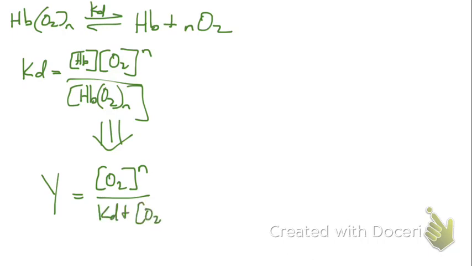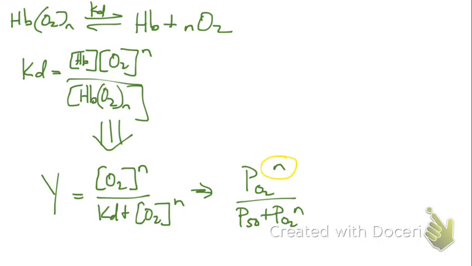I would love to work them out with you, and then we can maybe get a better understanding. Again, we change the concentration of oxygen to here. This is P50, so it's very similar to what we saw with myoglobin. The only difference between hemoglobin and myoglobin is that this is raised to the nth power, because of how many oxygens they can bind.